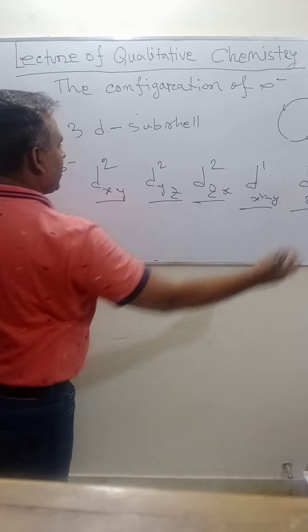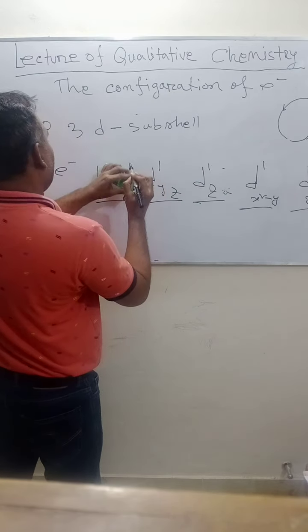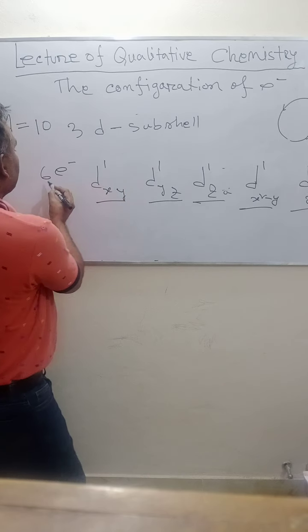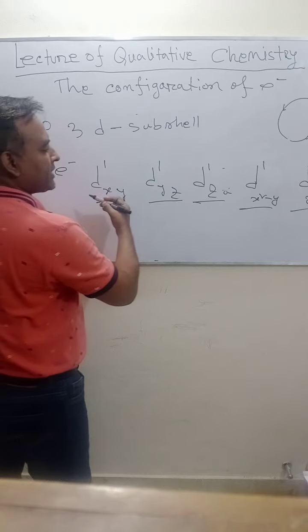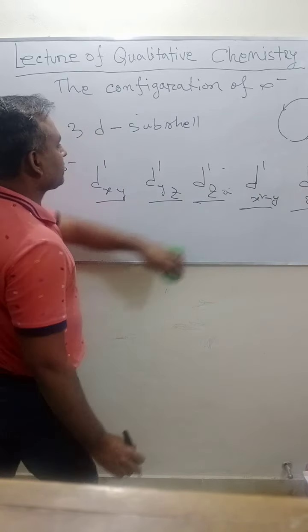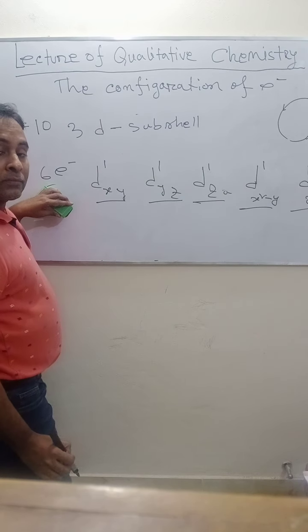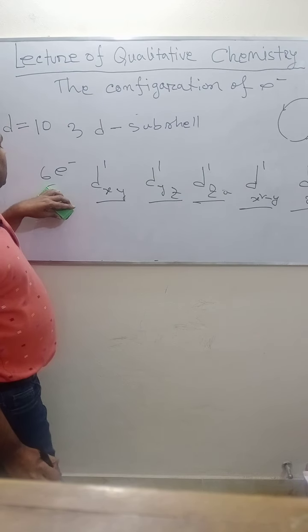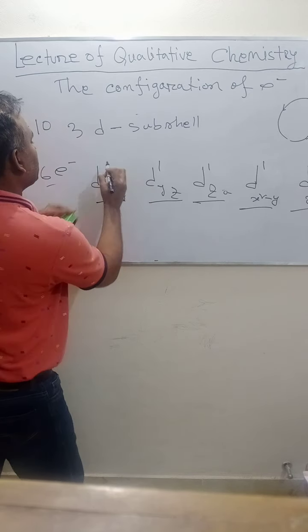You have to configure here. So how is it possible? 1, 1, 1, so 5 electrons you have to distribute over all of the d orbitals. So 1 by 1, 1, 1, 1. Then the remaining you have is 1. So another 1 you have to give here. That means 2.